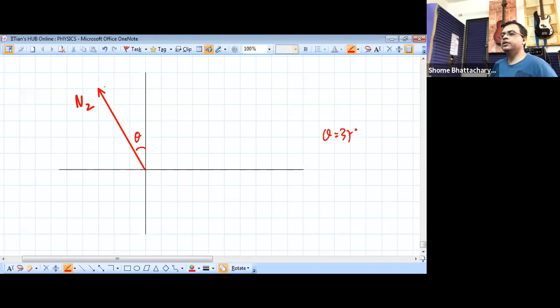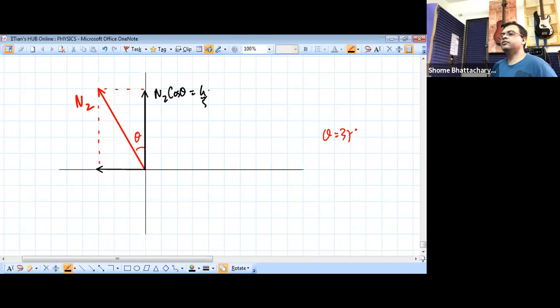So when I break it into components, now these components will become, so this component will be N2 cos theta.